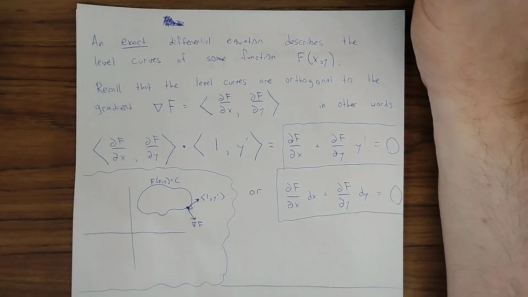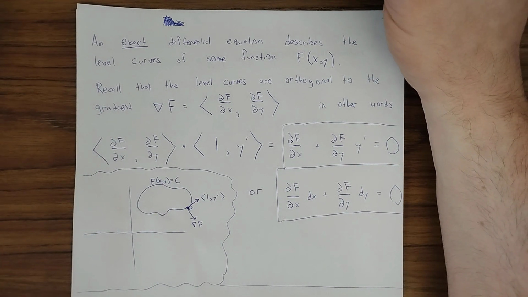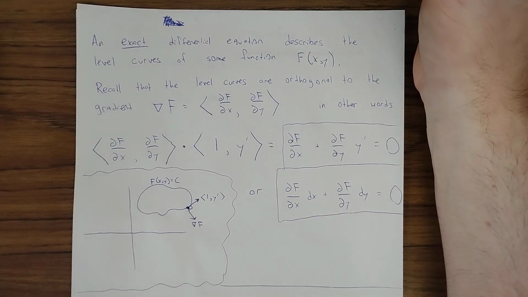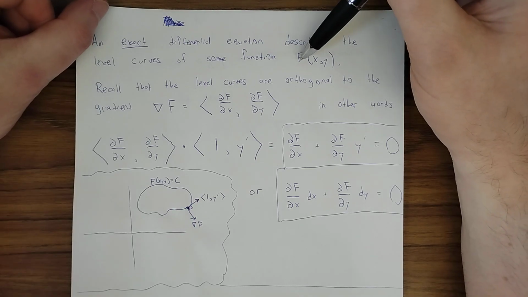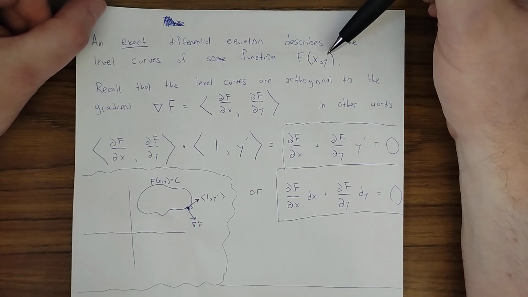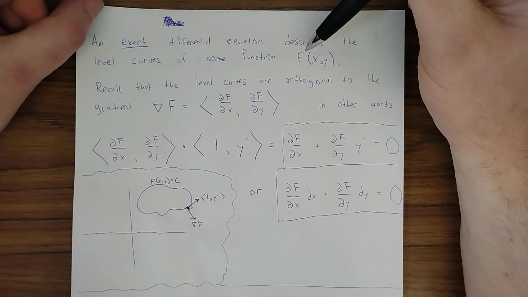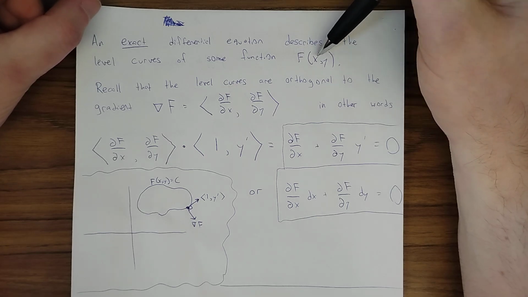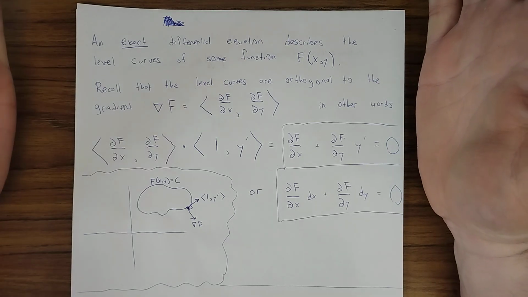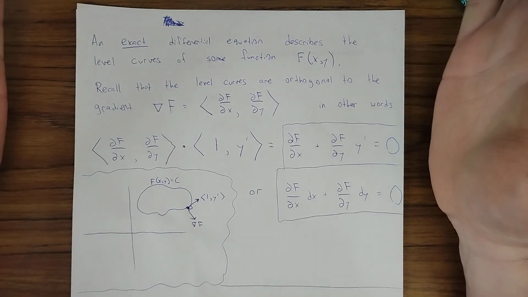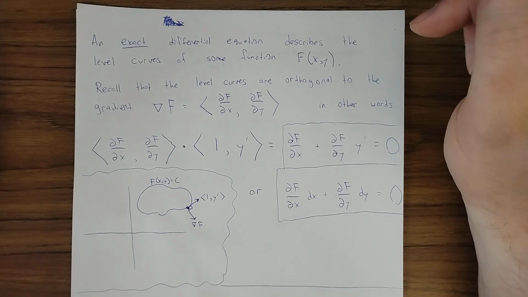Let's talk about exact differential equations. So here's the theory of what it is. This is about the level curves of a function of two variables. So if you remember from Calc 3, if I have a function f of xy, I can look at the 3D shape, like the graph of this function z equals f of xy.